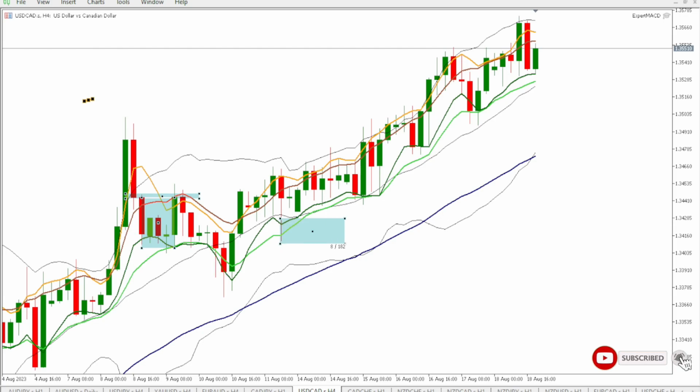Price always touches the moving average 5 or 10 high, comes down to moving average 5 or 10 low, goes up to moving average 5 or 10 high, comes down again to moving average 5 or 10 low. So that is the pattern for re-entry.